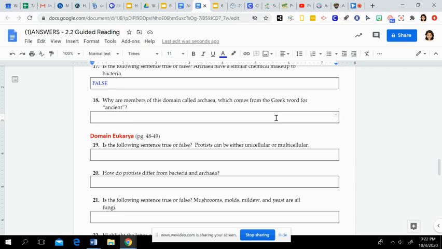So your answer would be something like, scientists think that the harsh conditions in which archaea live are similar to those of ancient Earth.